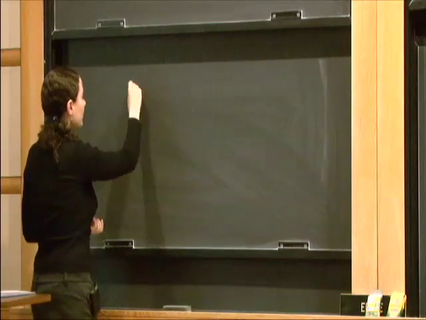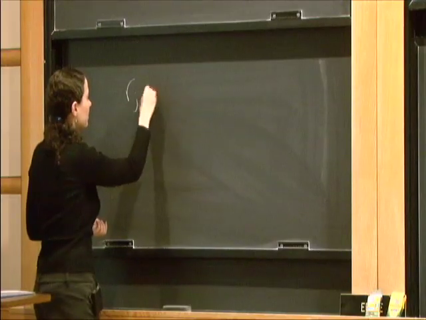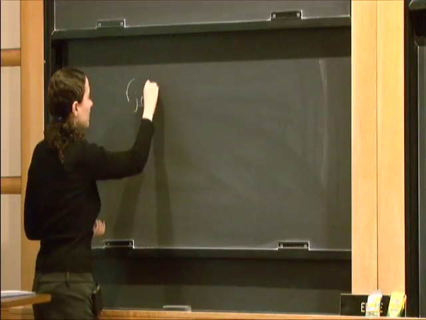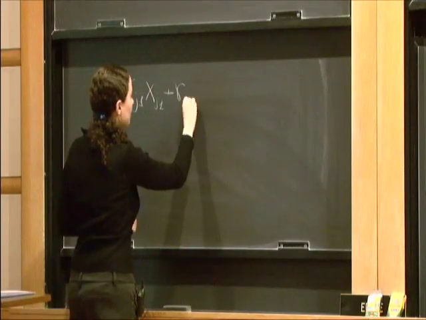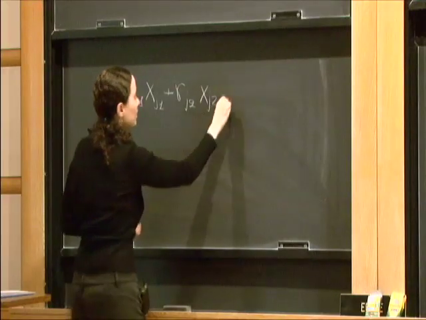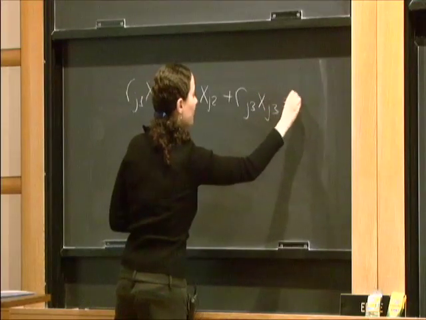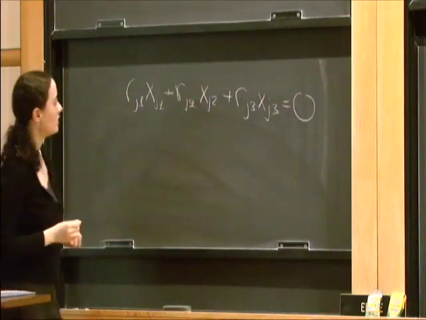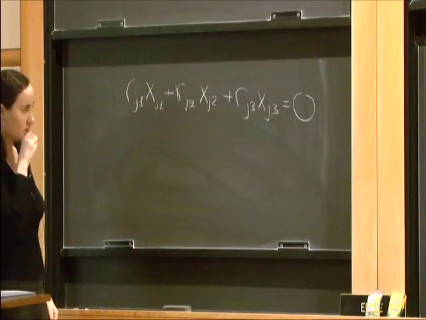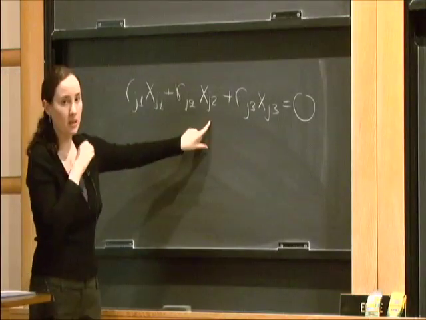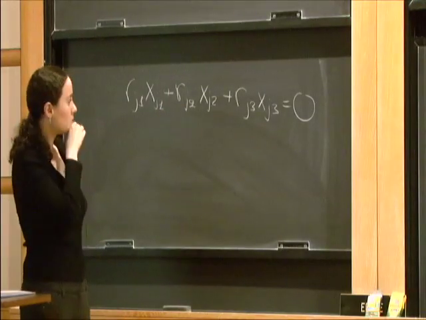A linear equation over reals will be of the following form: we have some real coefficient r_j1 times x_j1, where j is the index of the equation, plus r_j2 x_j2 plus r_j3 x_j3, and this is supposed to be equal to 0. So we have homogeneous equations over 3 variables each, with real coefficients on the variables.